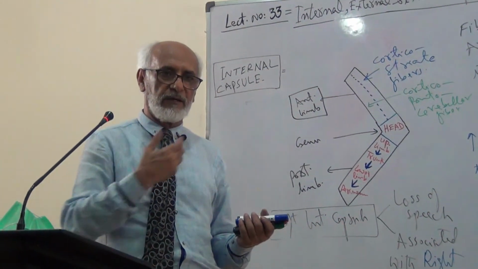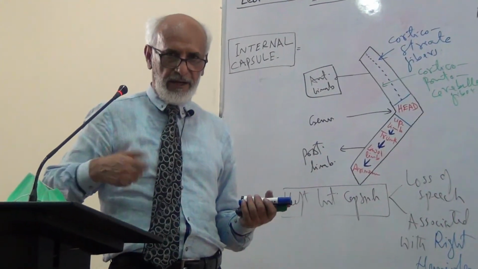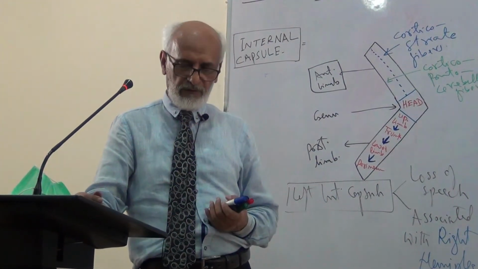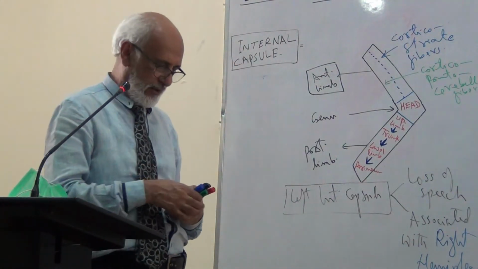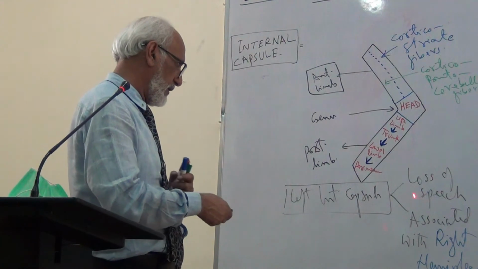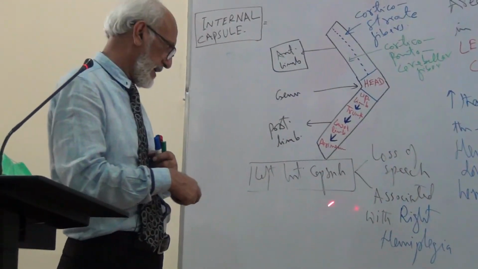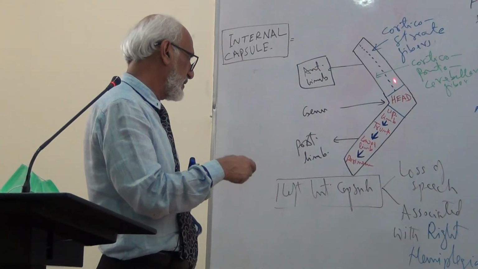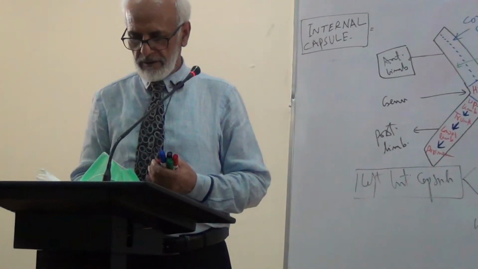Why? Because the left cerebral hemisphere controls the movements of the right half of the body and vice versa. And because in more than 90% the left cerebral hemisphere is the major hemisphere, a lesion of the left internal capsule will result in loss of speech, and this loss of speech will be associated with paralysis of the right half of the body, right hemiplegia, not left, because the left internal capsule belongs to the left cerebral hemisphere, which is the dominant hemisphere.